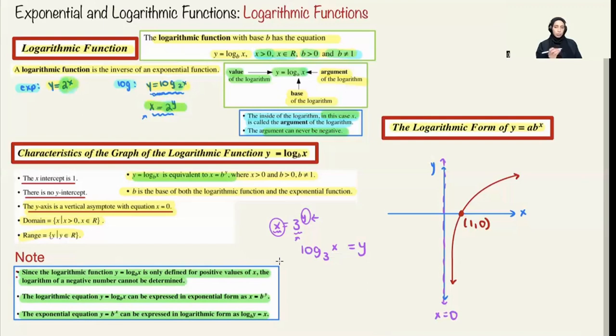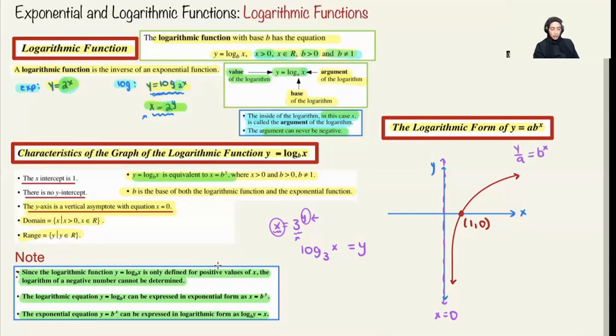Now we're interested in what if I have an a value, right? Now, when you have an a value, you're going to write this exponential form y is equal to a b to the x. You can rewrite this as y over a is equal to b to the x, right? Because I can divide both sides by a.